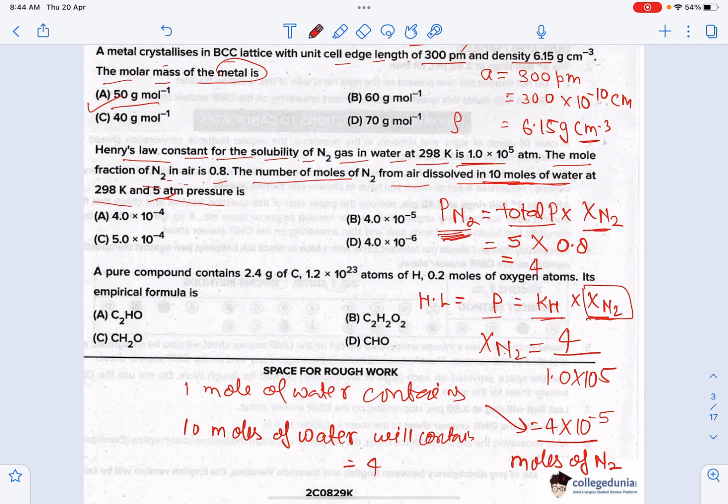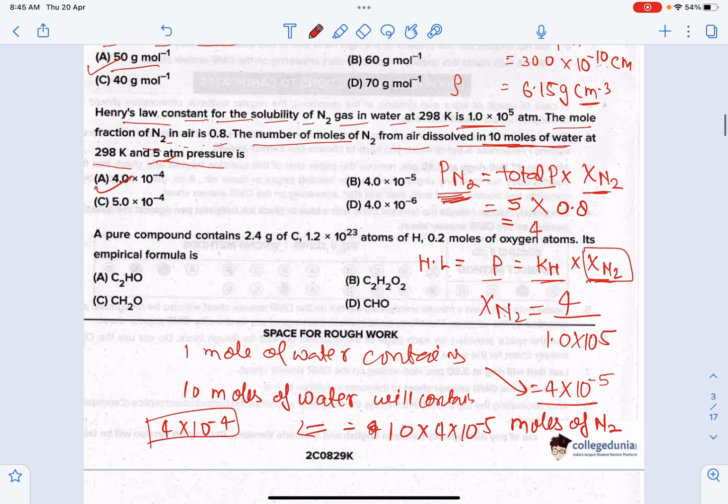It will be 10 × 4 × 10^-5, and this value will be equal to 4 × 10^-4. So our answer will be 4 × 10^-4. That is the correct option A.